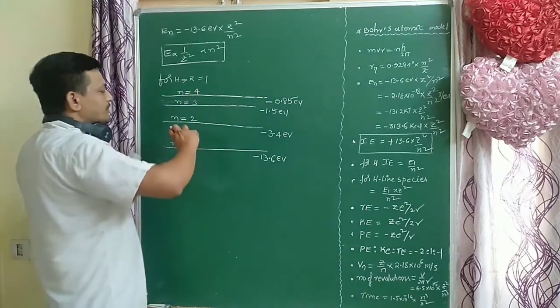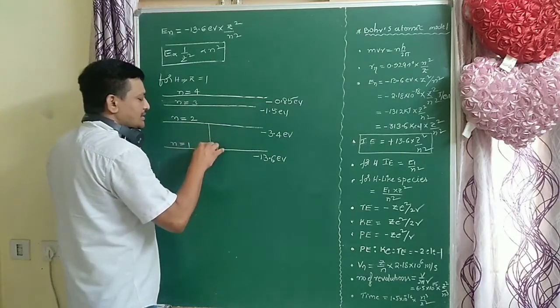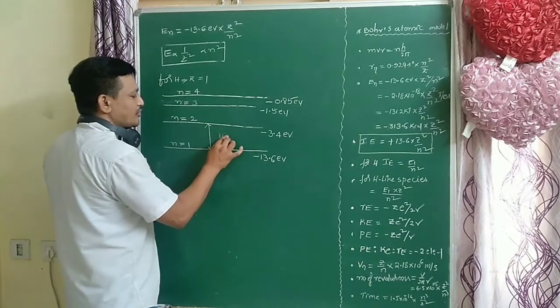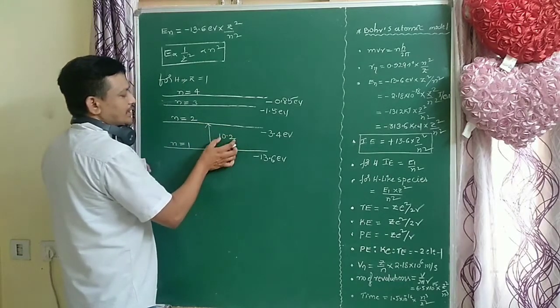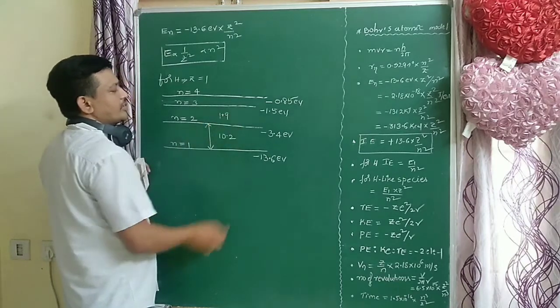As n value increases, the energy difference between any two lines decreases. Here the energy difference is 10.2. Here the energy difference is 1.5.